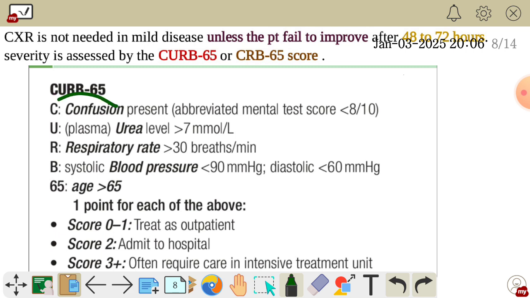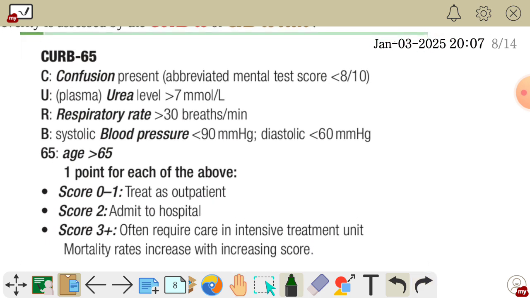So you consider all these presentations and come up with the total score for the patient. Okay, and remember that it is 1 point for each of the above. So each of these presentations scores 1 point.